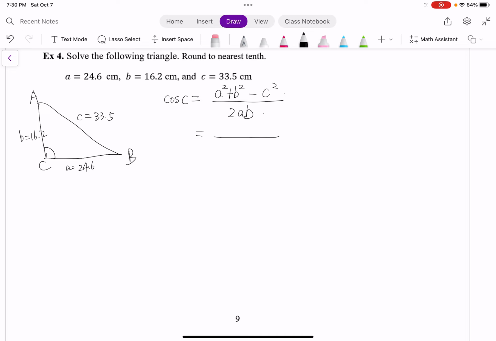So a squared is 24.6 squared plus 16.2 squared minus c squared, minus 33.5 squared, all divided by 2 times 24.6 times 16.2. And then we are looking for the angle C, not only the cosine C. So angle C is the inverse of cosine of all of this.